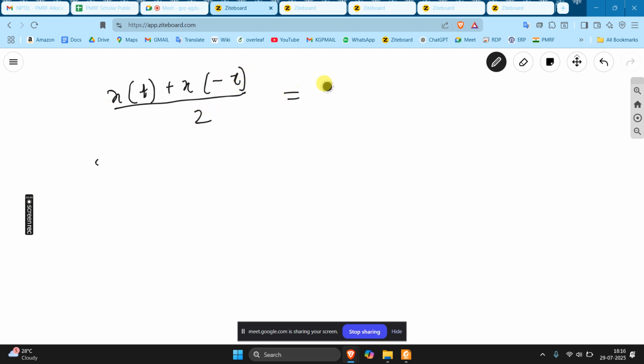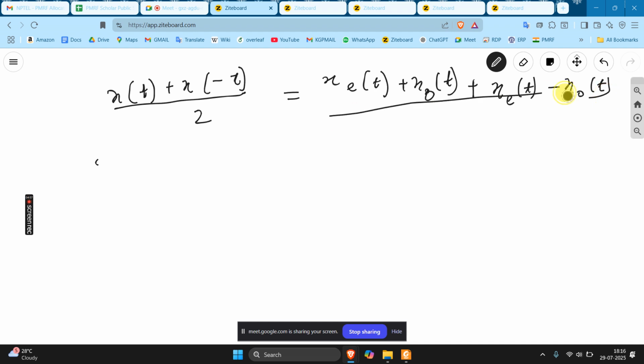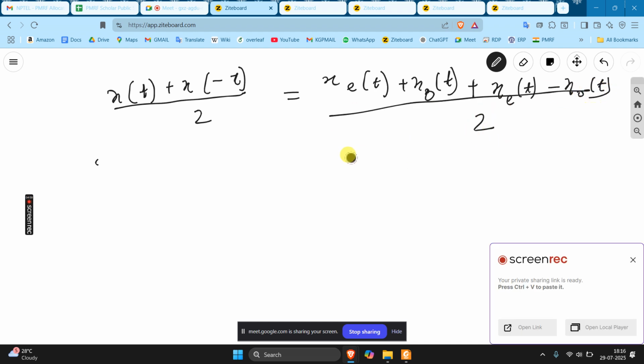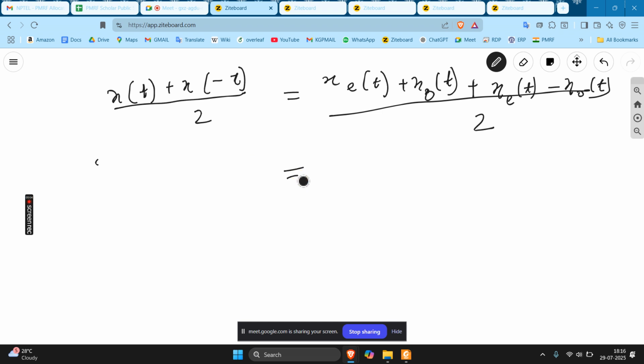So if x(t) is the sum of even and odd parts, then x even of -t will be x even(t) and x odd of -t will be minus x odd(t), divided by 2. So this will be x even(t).